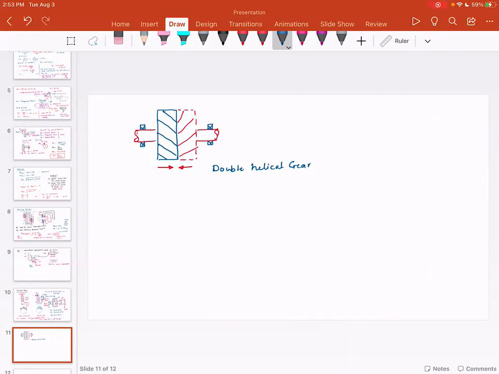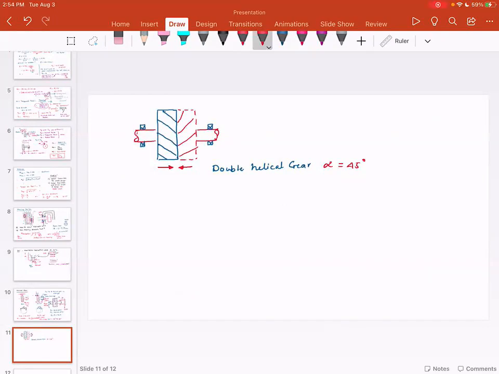And if you are going to use a double helical gear, you can go as high as 45 degrees helix angle. Alpha can go all the way to 45 degrees. And that is the important difference between the helical gear and the spur gear.